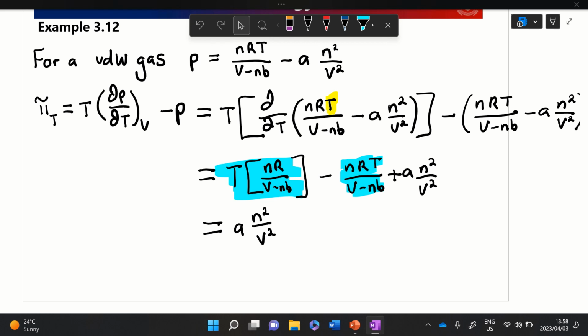If we had a negative value, then the internal energy would decrease with the isothermal expansion. So basically there's an increase in the internal energy with an isothermal expansion.